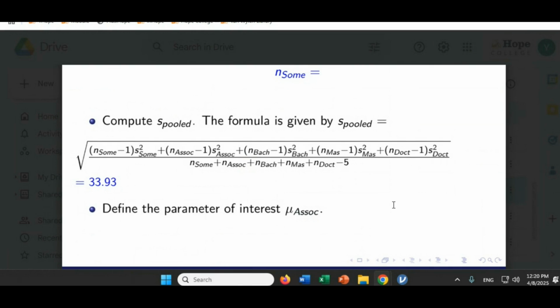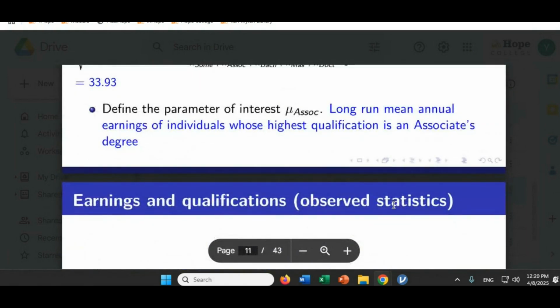You don't say long run mean associates. What does that even mean? The long run mean salary of people who have an, yes, good. So it's something like that. So mu associates is the long run mean annual salary or earnings or whatever of people whose highest qualification is an associate degree. Stuff like that.